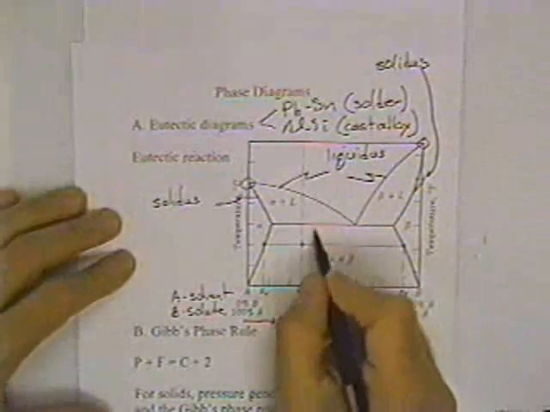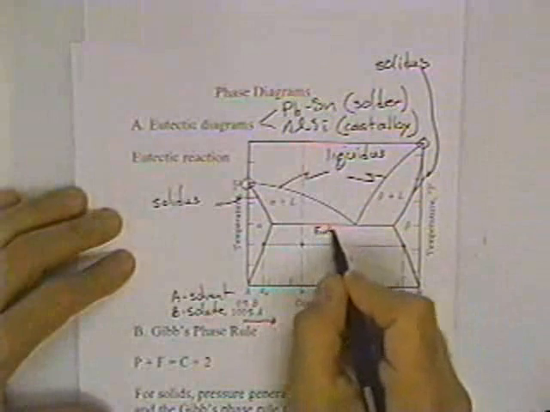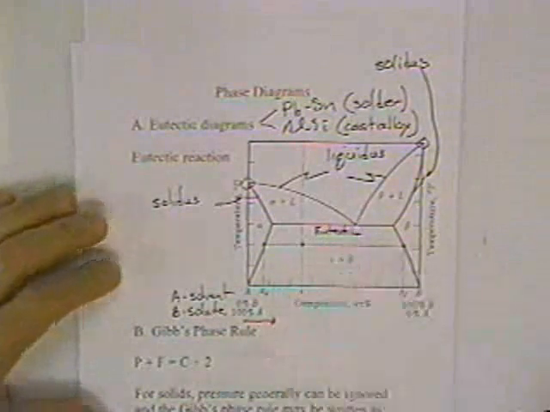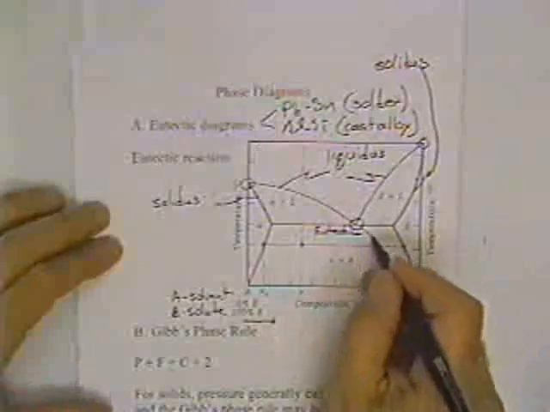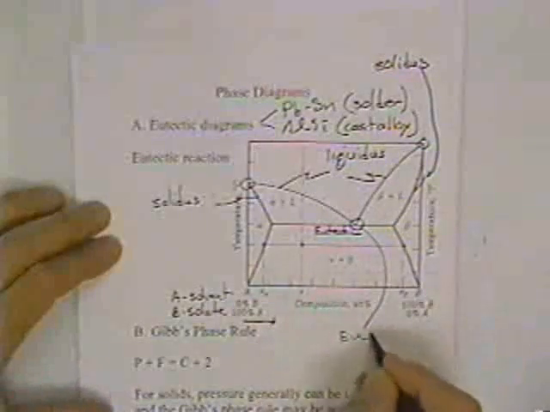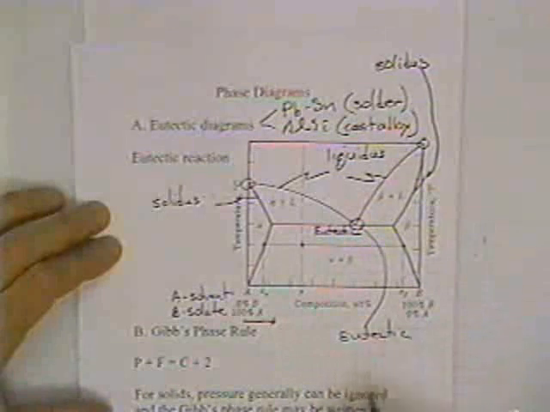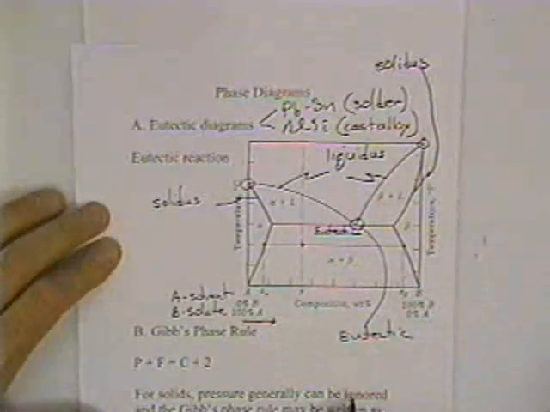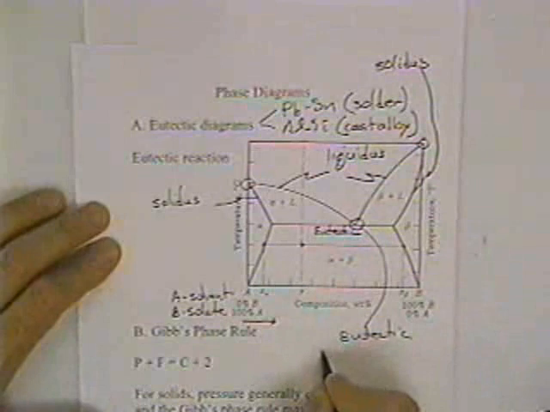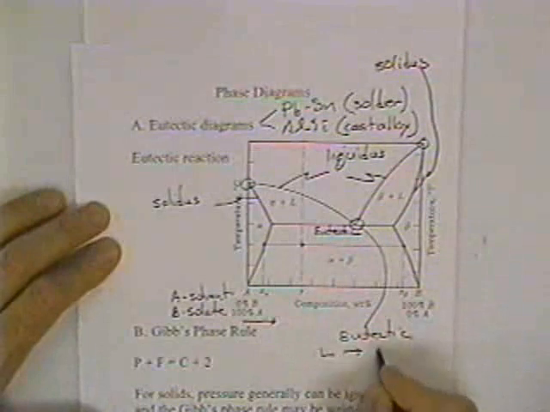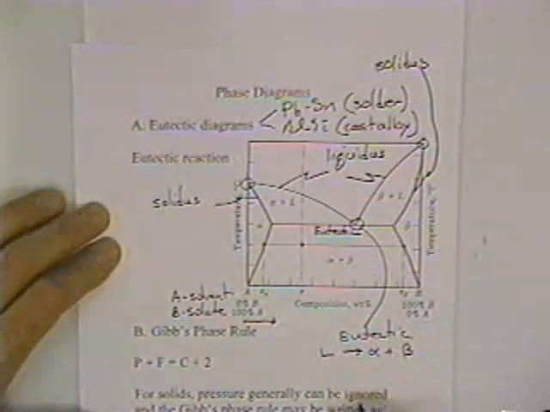This horizontal here is called the eutectic, and the word eutectic can be frustrating because there are a couple of different applications of the same word. This reaction point right here is also called the eutectic and represents a reaction where you have liquid going to alpha plus beta.